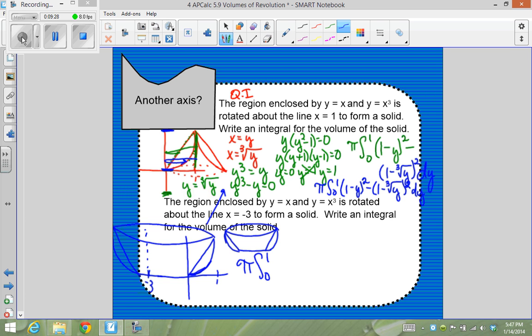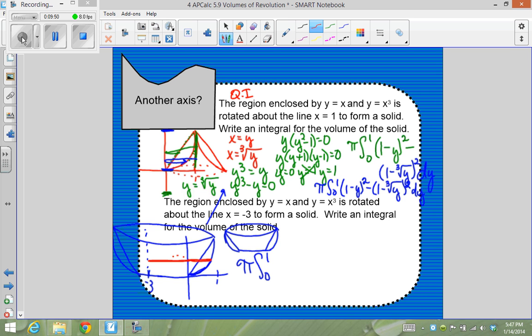Now then, what we were saying, if you're going around another axis, then to find the outside radius, you go from your axis of revolution to the x or y axis, and on the other one we had to come back like this, but this one doesn't. This one goes on. I'm going all the way over to that outside axis.